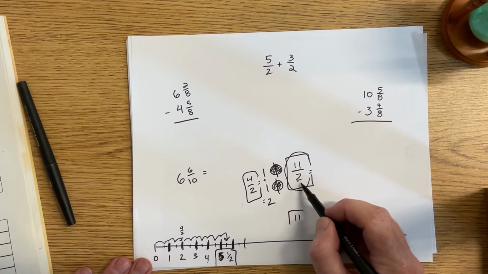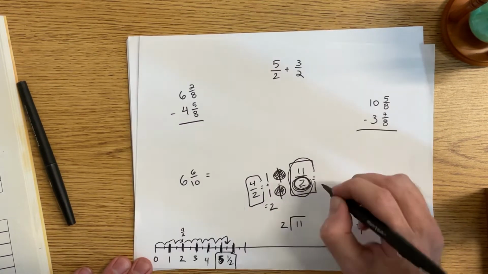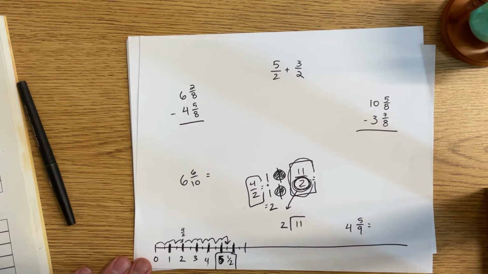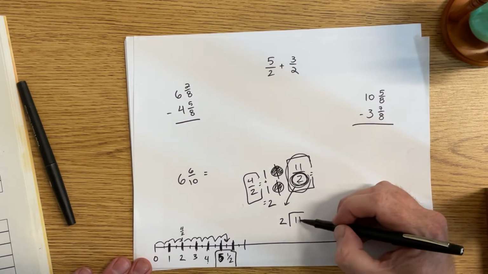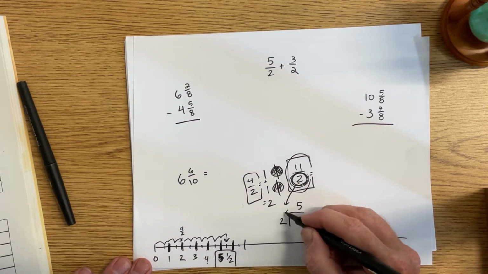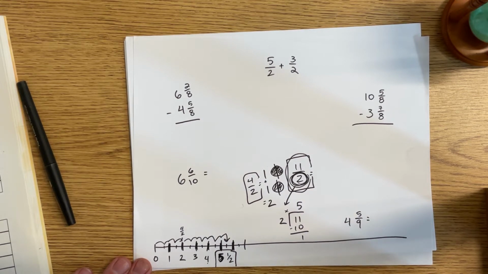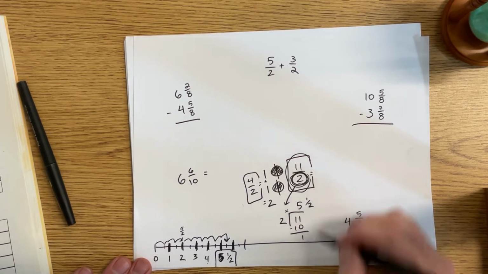Your divisor is the denominator. That's my mnemonic device. Divisor, denominator. So 11 halves is the same as 11 divided by 2. And 11 divided by 2 is this, because 2 times that is this. Hopefully that looks familiar. And then 5 and 1 half.